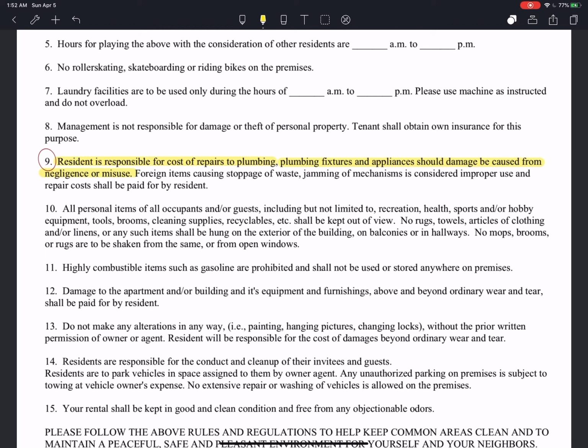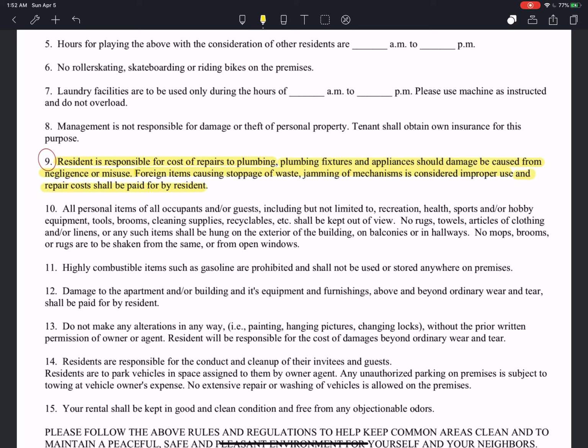It also goes into further detail where it talks about foreign items causing stoppage of waste, jamming of mechanism is considered improper use. So there's a clear outline as to what is improper use. And then it says repair costs shall be paid by the resident.